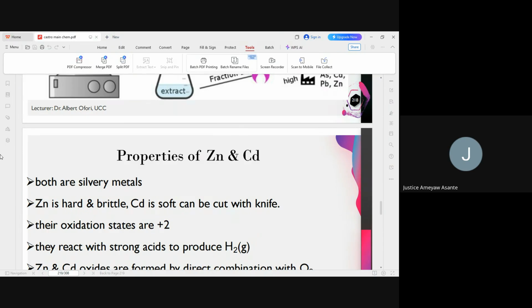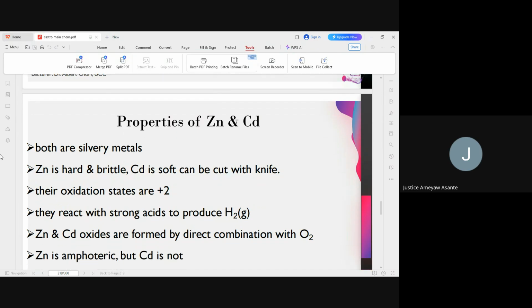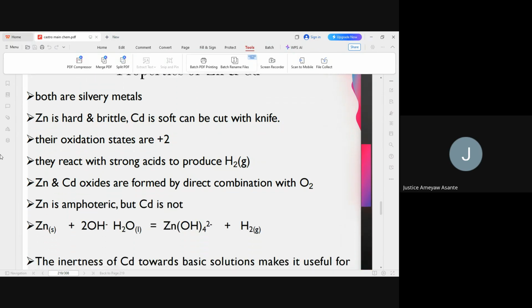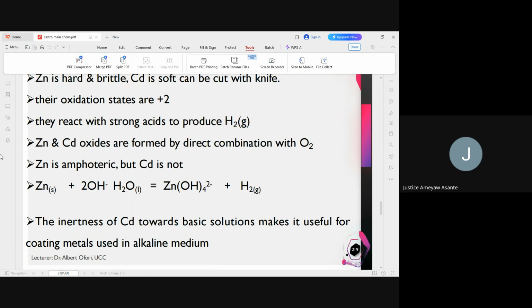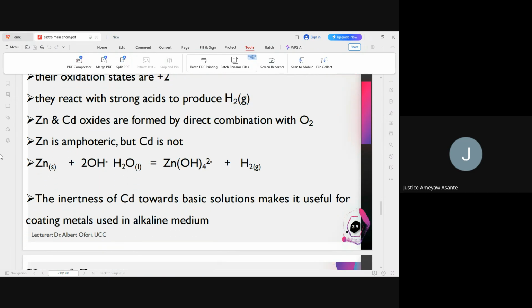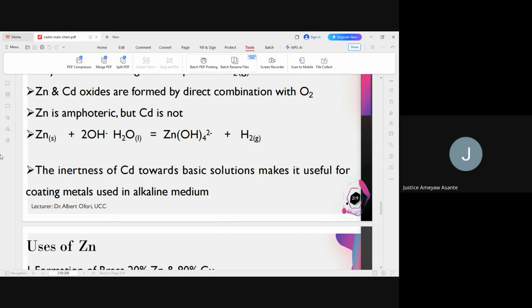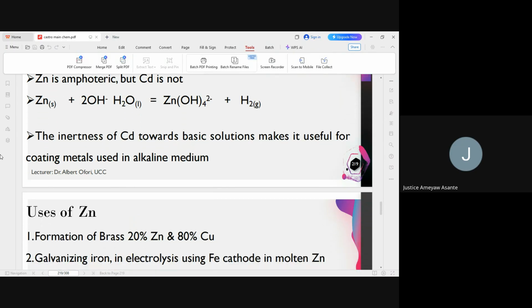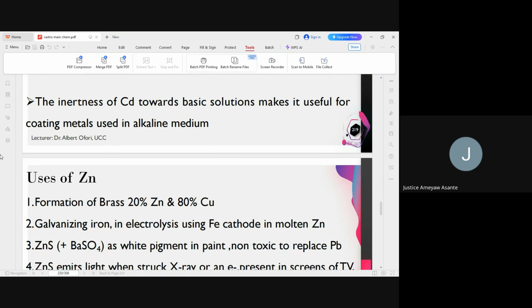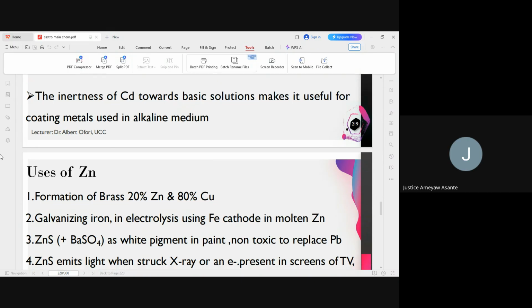Zinc is hard and brittle. Cadmium is soft, can be cut with a knife. Their oxidation state is +2. They react with strong acid to produce hydrogen gas. Zinc and cadmium oxides are formed by direct combination with oxygen molecule. Zinc is amphoteric, cadmium is not. The inertness of cadmium towards basic solution is useful for protein methods used in alkaline media.